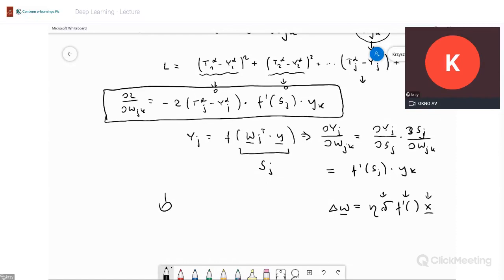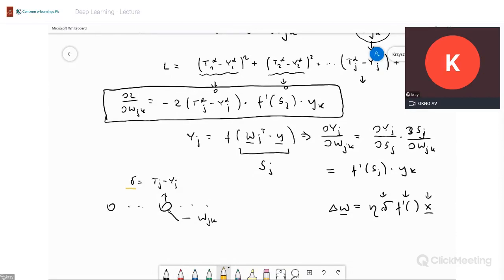Now I have a network, but I am considering a weight to a neuron, and this weight affects only this output. If this w_jk is incorrect, its result is an error performed only here, and this error is t_j minus y_j. This is my delta.